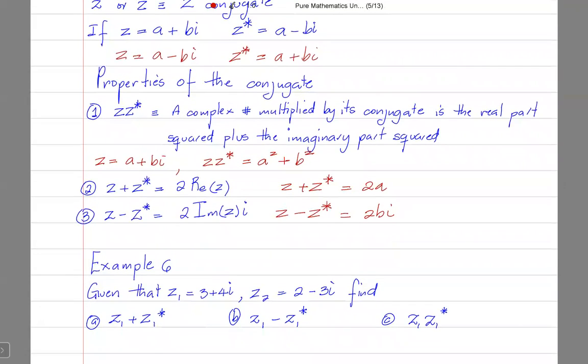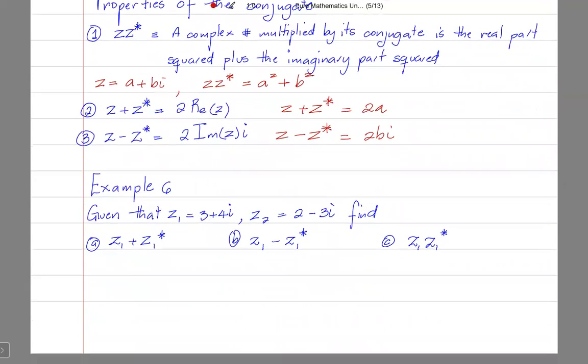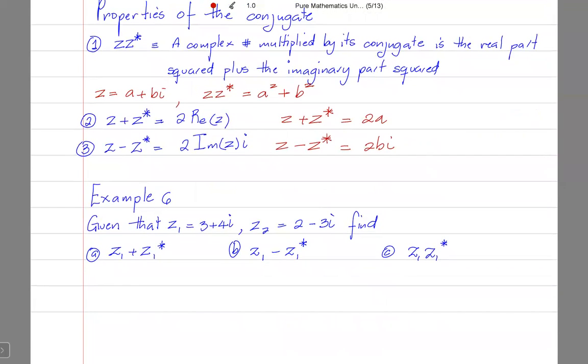All right, so let's have a look at example 6. I don't want anybody to turn these things into a formula, because you can simply work them out on your own. You don't have to try and remember what it said in the notes. Just simply work it out for yourself. Example 6 says Z1 is 3 plus 4i, and Z2 is 2 minus 3i.